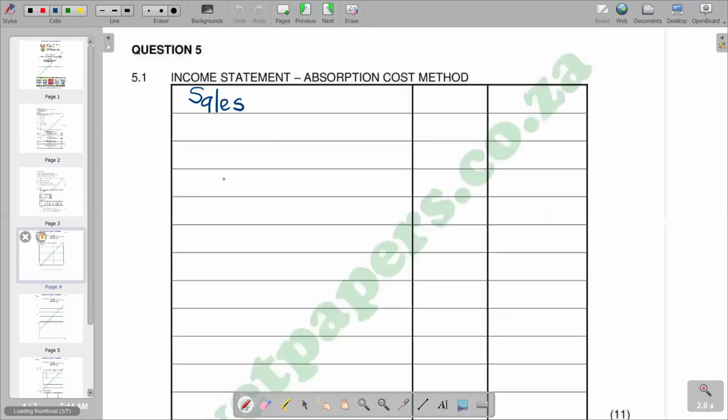So we come here in brackets, we show that working, whereby we are saying 15,000 multiplied by 53 rands. When you multiply there, you're going to get your answer of 795,000.